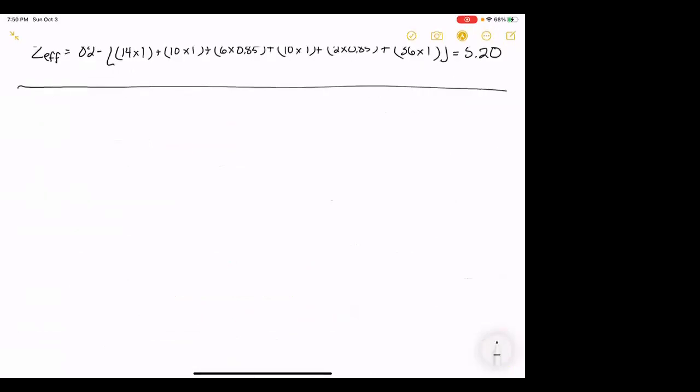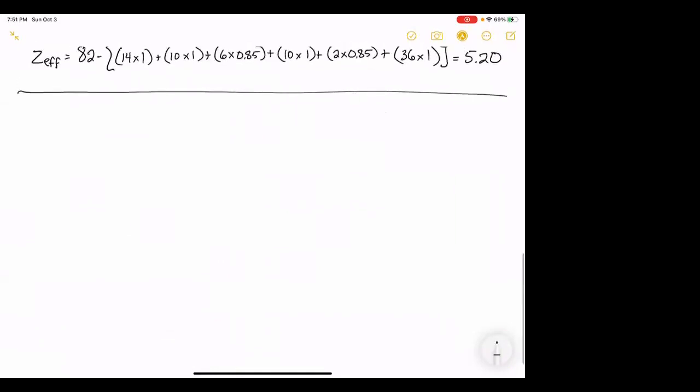Okay. So before I get into doing the calculation piece for angular and radial nodes, the first thing you've got to be able to do is identify the shell and subshell.